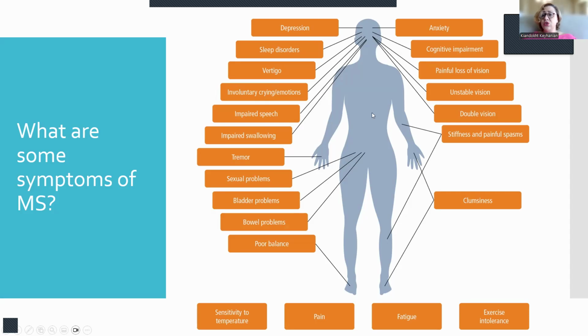The thing that usually causes us to go and check for MS is a sudden onset of vision loss in one eye, which is usually painful. Usually the people who get blurry vision in one eye get a pain when they move their eyes from side to side, but sometimes it doesn't happen.